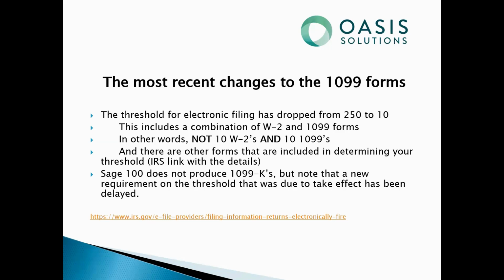Again, we'll go through some of the screens, and you'll see what some of this means. But you have options of printing your forms and mailing them to your vendors. And then you could have Atrix do the e-filing if you're required to do the e-filing. And even if you're not required to do the e-filing, you could still choose to let Atrix do that e-filing for you.